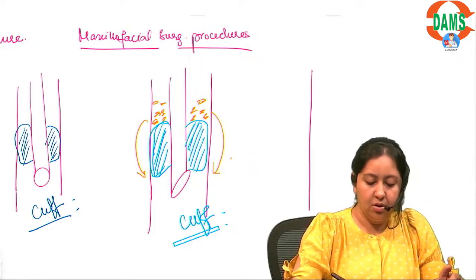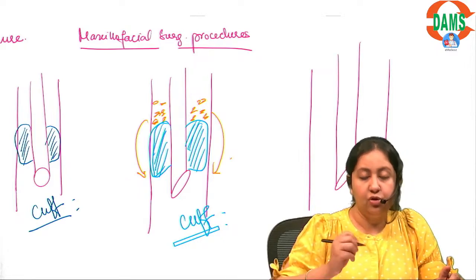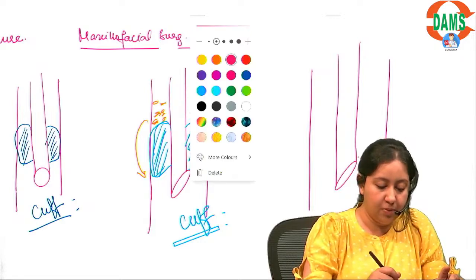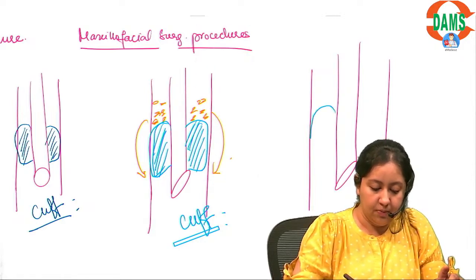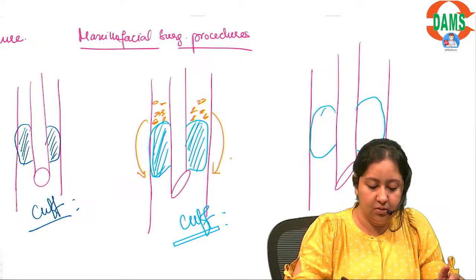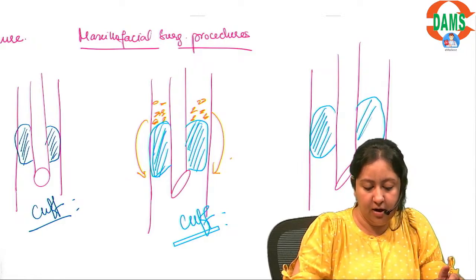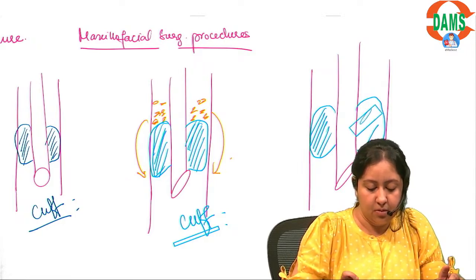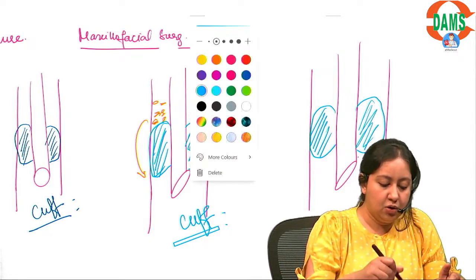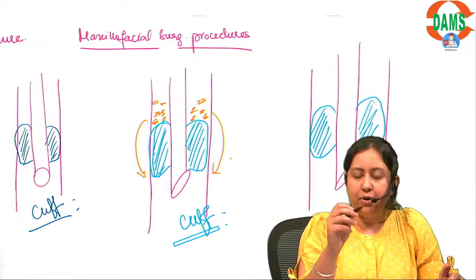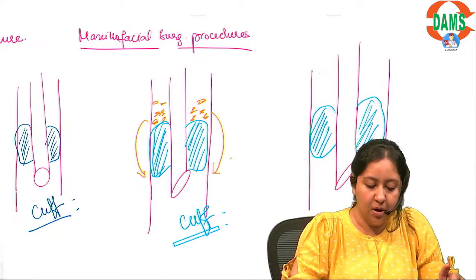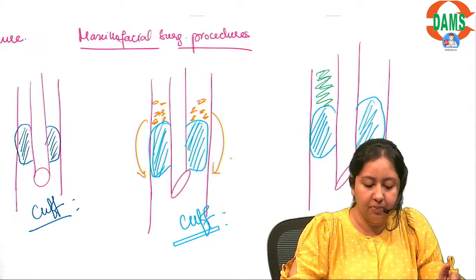We do cuffed endotracheal intubation plus throat pack. Please understand, throat pack, I am telling you again. In the throat pack, all around the tube above the cuff, we pack a gauze.